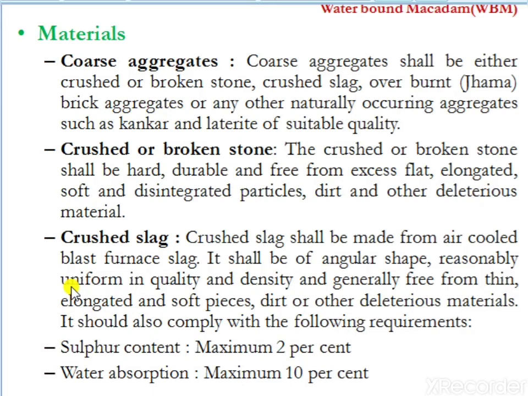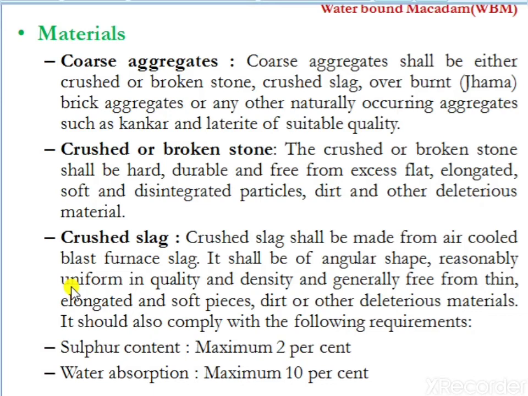There should not be any soft pieces within this crushed slag when it is used in the construction of waterbound macadam pavement. And also this crushed slag should be free from dirt and other deleterious materials. In addition to this, when crushed slag is used in the construction of waterbound macadam pavement, it should be checked for sulfur content, and the sulfur content should not be more than 2%.